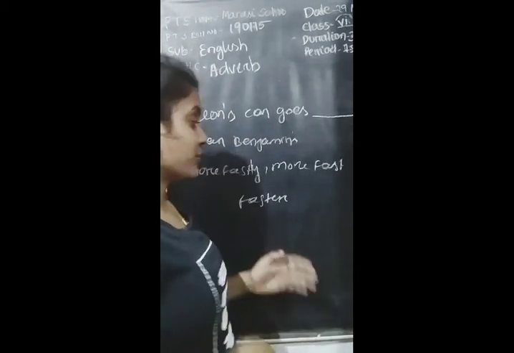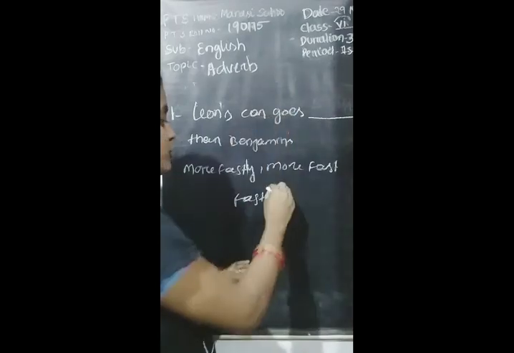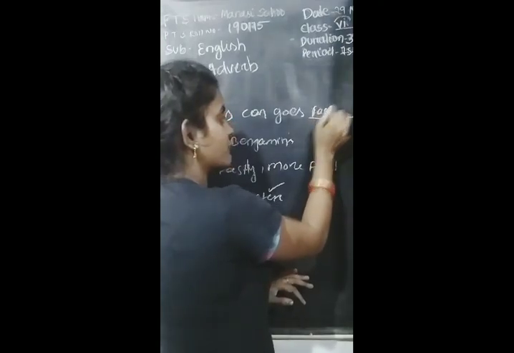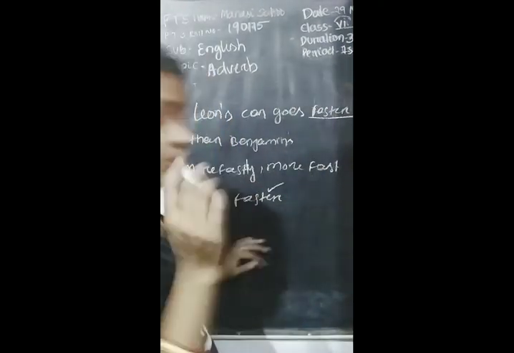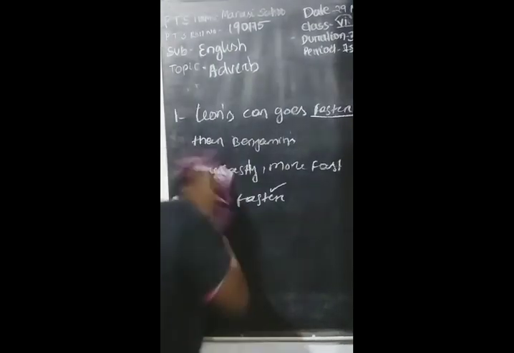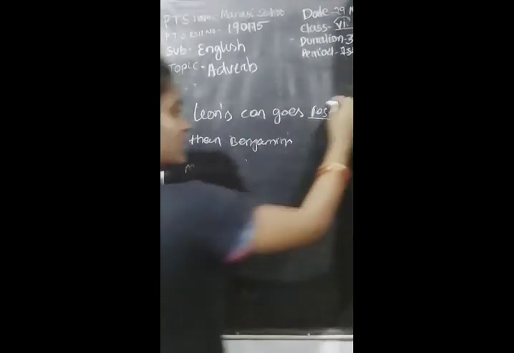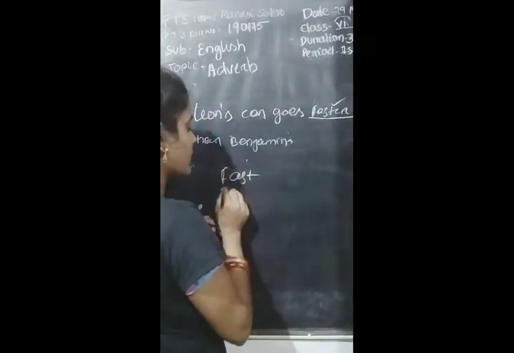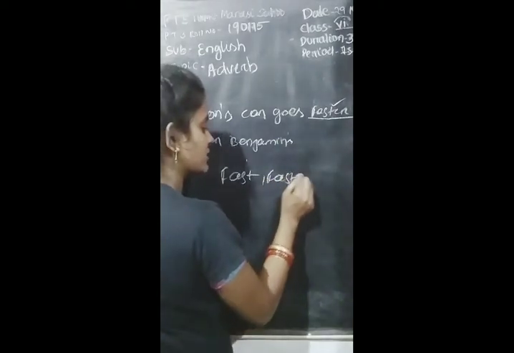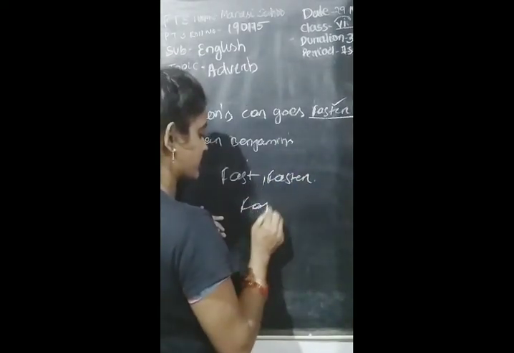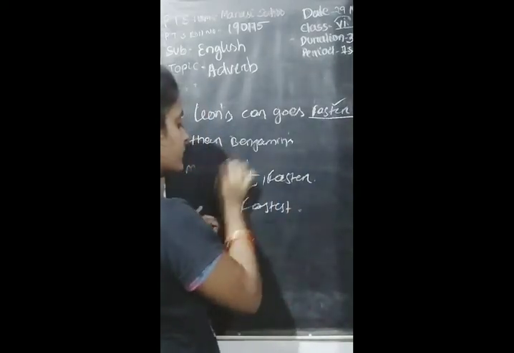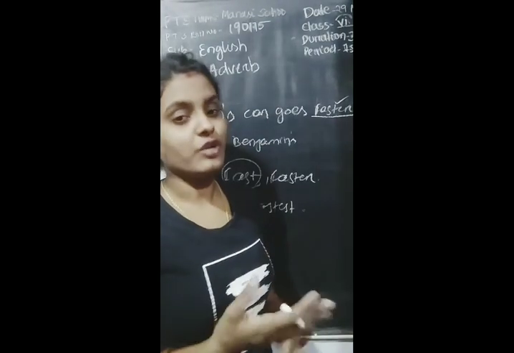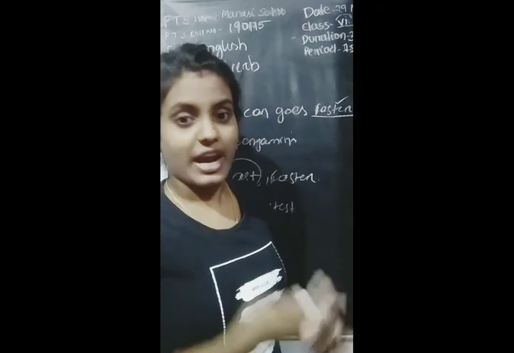Okay, very good, Radha. Leon's car goes faster than Benjamin's. So here I put faster. This is the correct answer for this sentence. Now see the word fast: fast, faster, and fastest. The word fast can be an adjective, which describes a noun or pronoun, and it can be an adverb also.